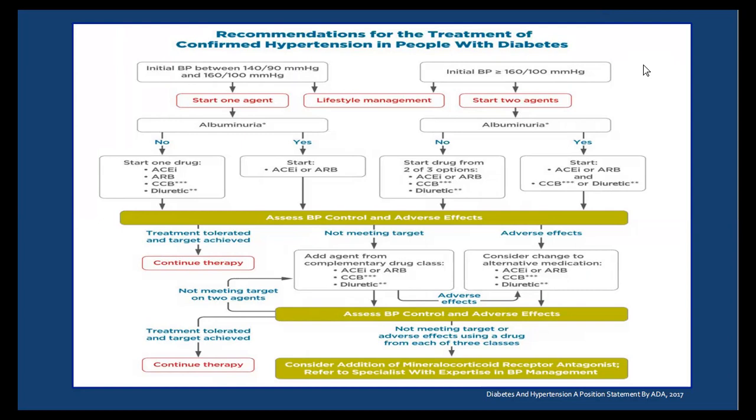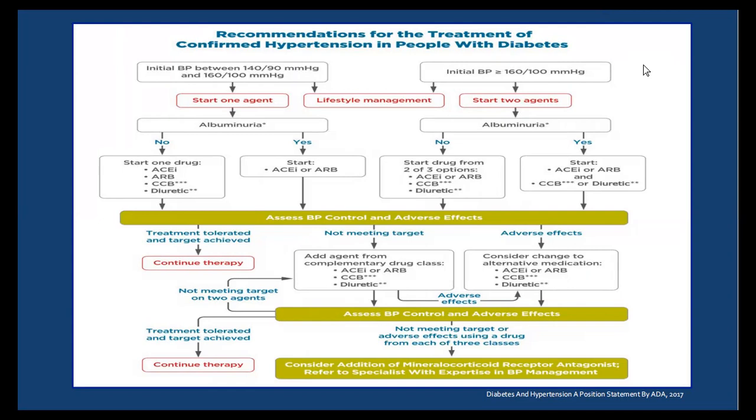But now you have to start to investigate your patient. You look at the urine, whether there's albumin in the urine. If there is no albumin in the urine, then you can start your patient on one type of drug. You can use ACE inhibitors, for example enalapril, captopril, lisinopril, or you can also use ARBs like losartan, valsartan, and those type of drugs.